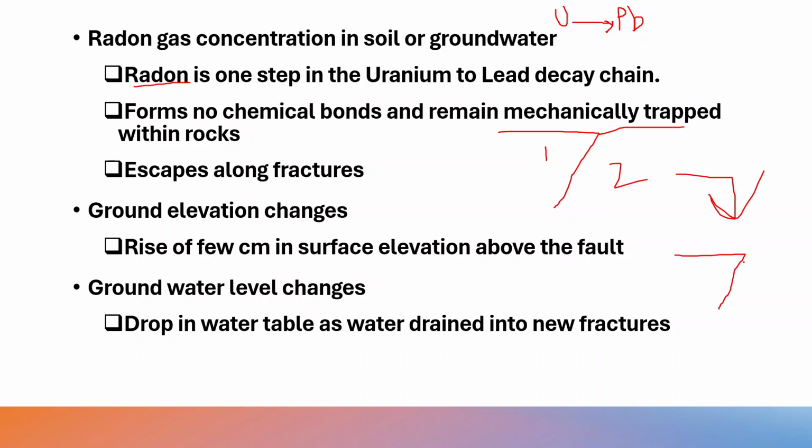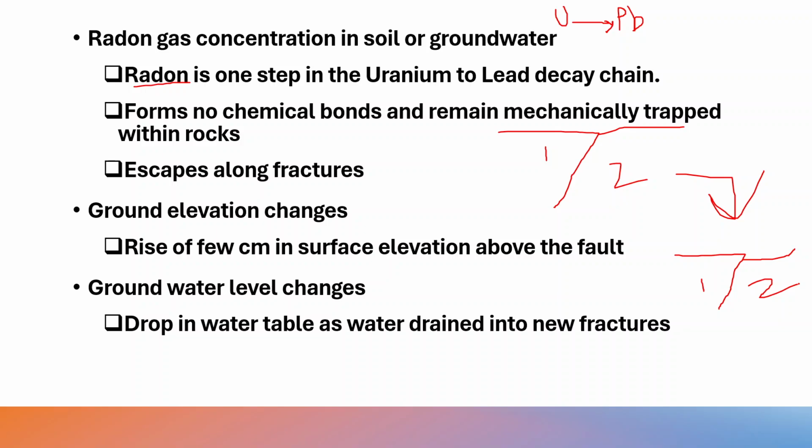It's a very negligible movement, centimeter scale you can say, but there is a movement. So this one moved a bit up, and that elevation change can be seen on the surface. Somebody standing on the ground may not understand, but people who are studying these things, using certain instruments and machines, can understand this.